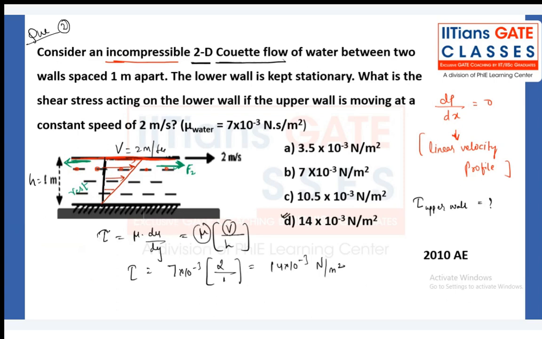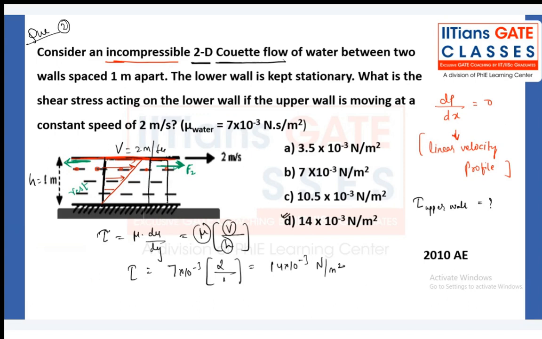In the expression of shear stress, it depends on mu, V and h. Are all these three terms constant or not constant for a given flow condition?